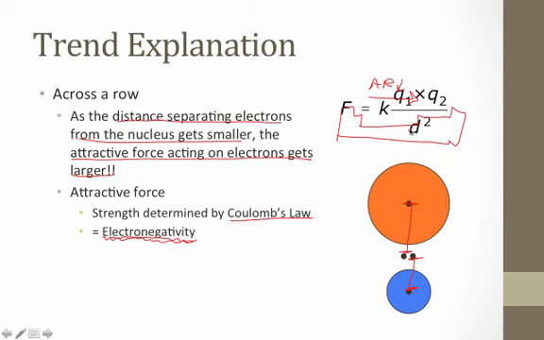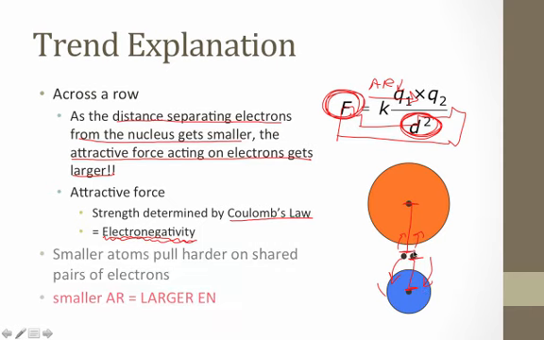We can see, unfortunately, the equation I covered up here, as that distance gets smaller, the attractive force gets bigger. This atom can pull on that bonding pair of electrons with a greater strength than this atom can pull on that bonding pair of electrons. Therefore, those electrons will spend more of their time circulating this atom.